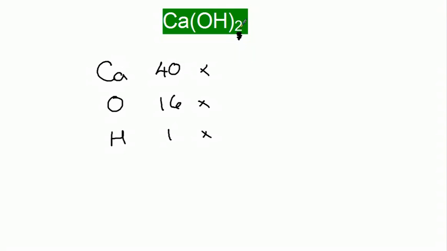So in this case I've got 2 oxygens, I've got 2 hydrogens. I've only got 1 calcium though. So it's 40 times 1, 16 times 2, hydrogen times 2. It's 40, 32, 2 comes out as 74. So the relative molecular mass of calcium hydroxide is 74.